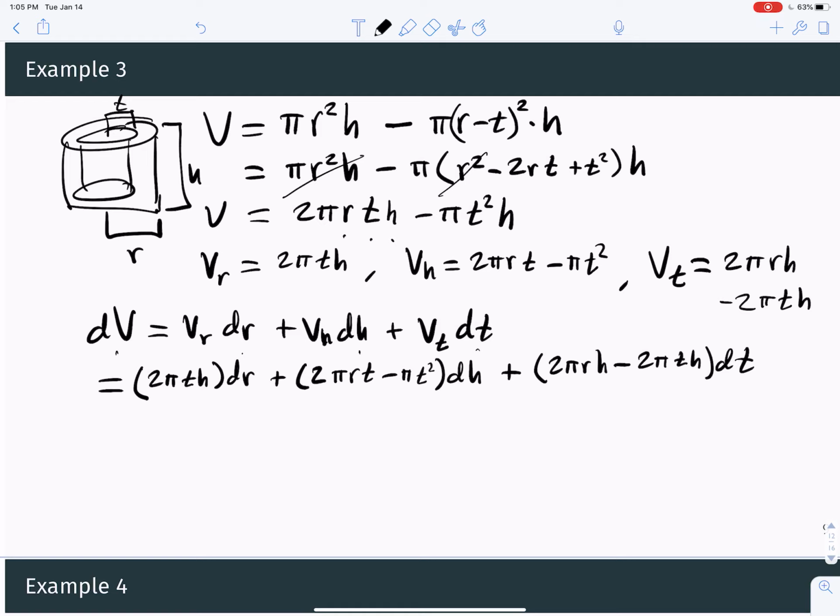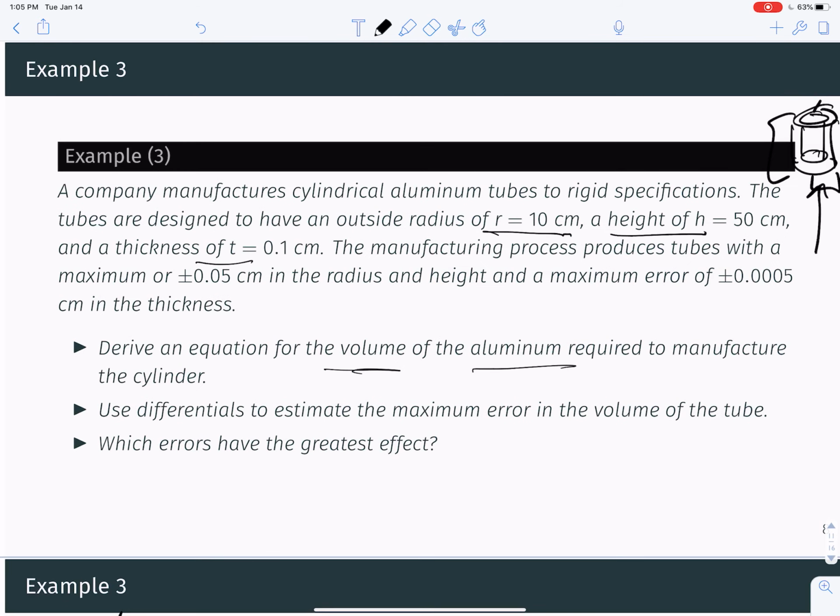Okay. Now, this is a general formula for dV, but in our particular problem, we know that r is supposed to be 10, h is supposed to be 50, and t is supposed to be 0.1, which means I can now use differentials to estimate the maximum error in the volume of the tube. Well, let's focus in on our particular tube and put in 10, 50, and 0.1.